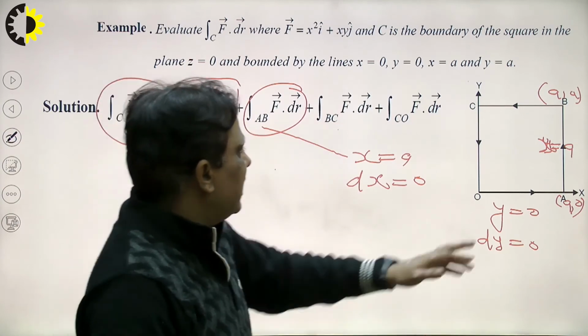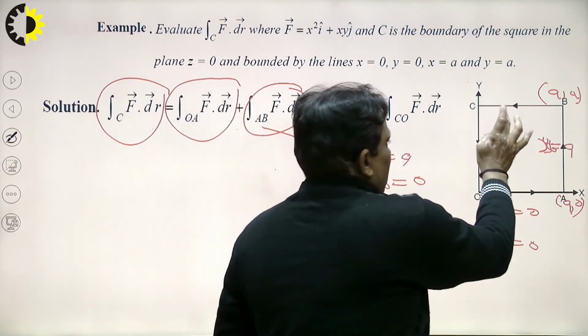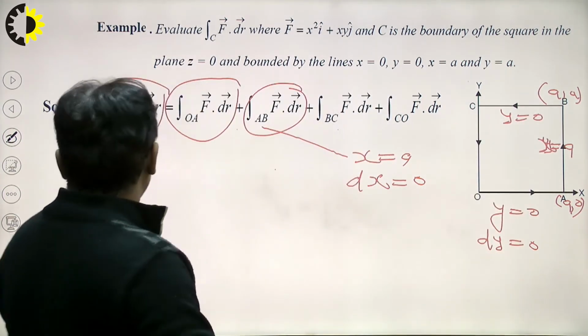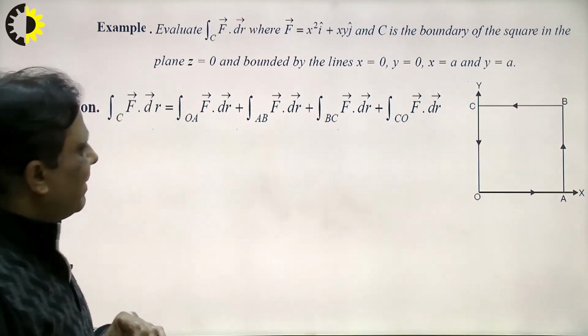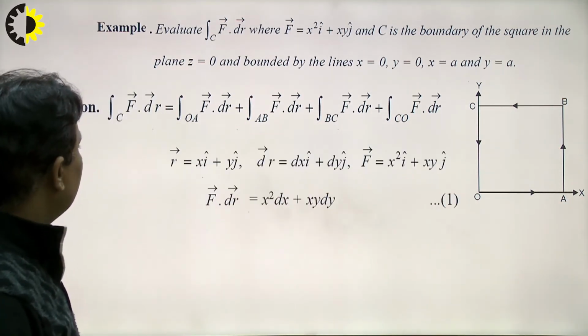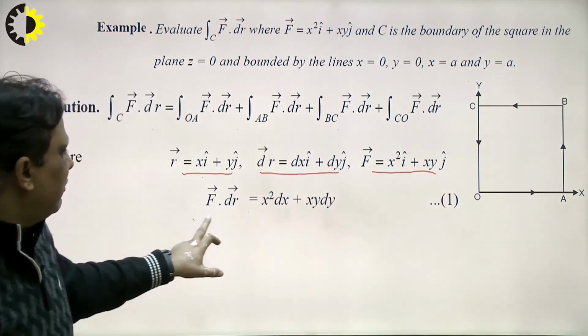In the case of BC, y is equal to a here, so dy is equal to 0. So we calculate each and every term by using the moving path, one by one. Suppose r is this, dr is this, F is this. So F dot dr is this.